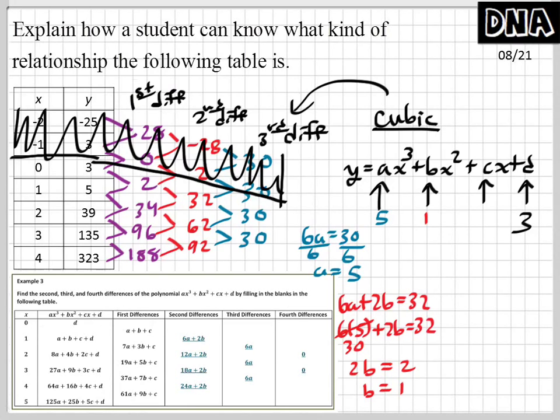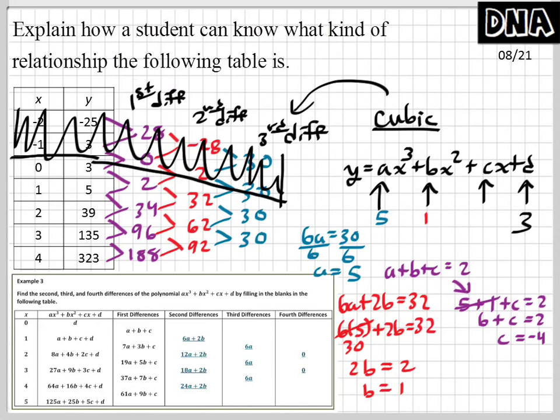So let's set it up. We have a plus b plus c equals 2. We know that a is, well, that's not a good spot to write it. So a is going to be 5, b is 1, and c is what we're looking for. So this is going to be 6 plus c equals 2. And if I subtract 6 from both sides, I get -4.